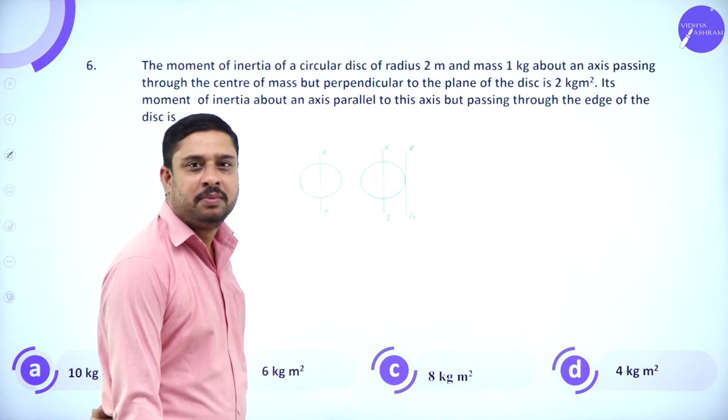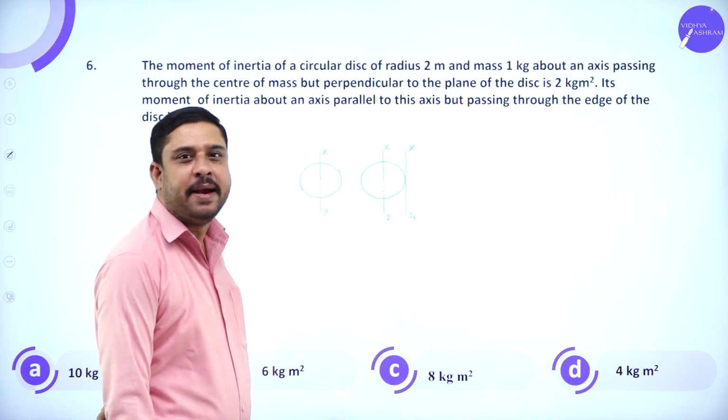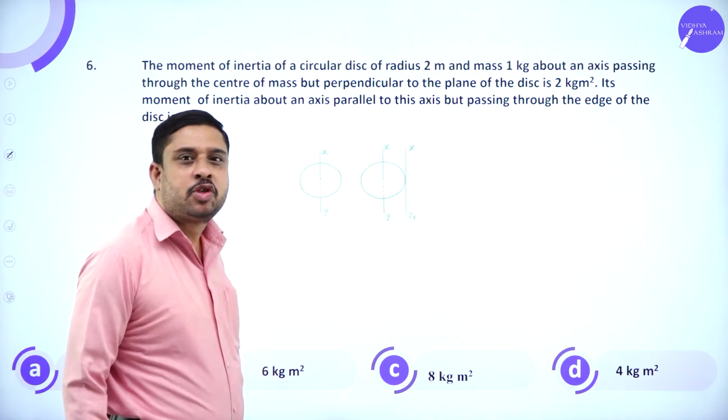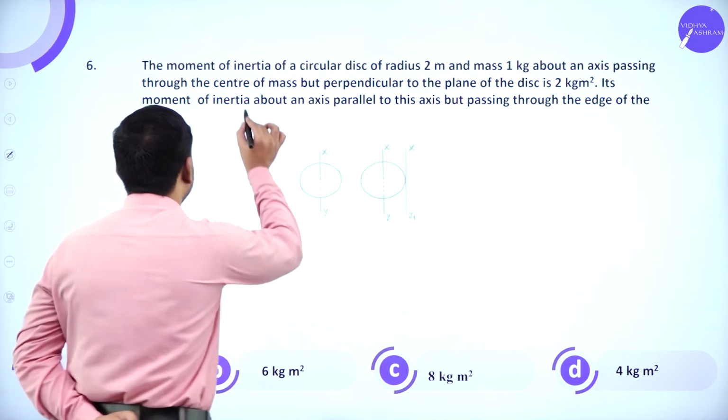So, something from rigid body dynamics, a concept based on moment of inertia.